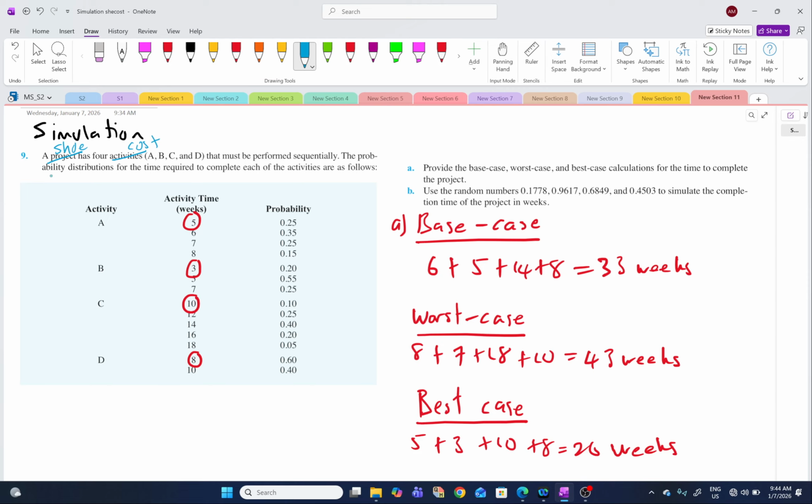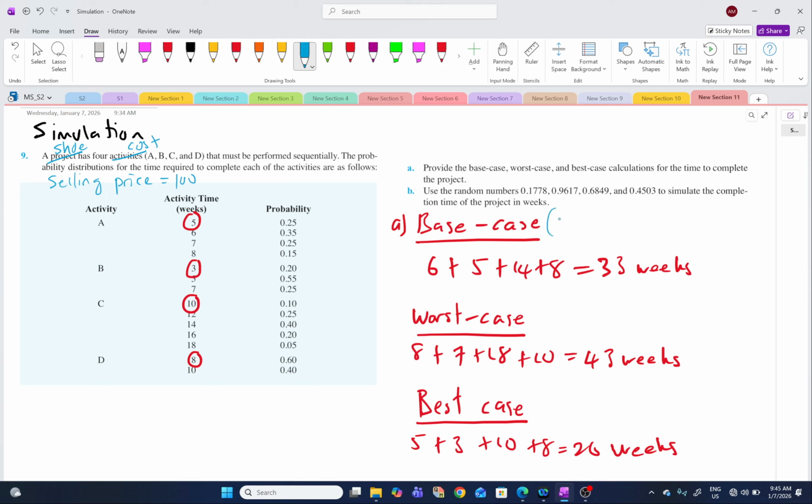Selling price, katakan 100. Satu shoe I want to sell 100 ringgit. Now we are going to find base case, worst case, best case for profit.